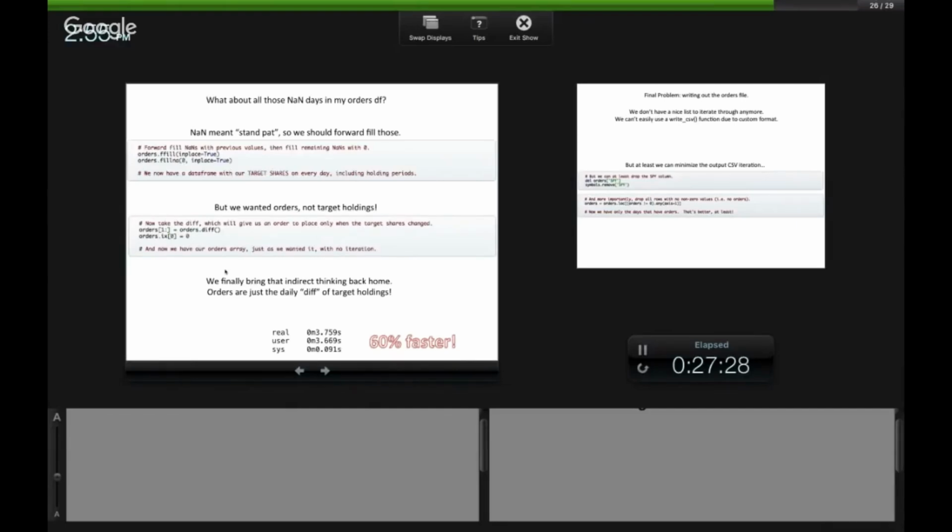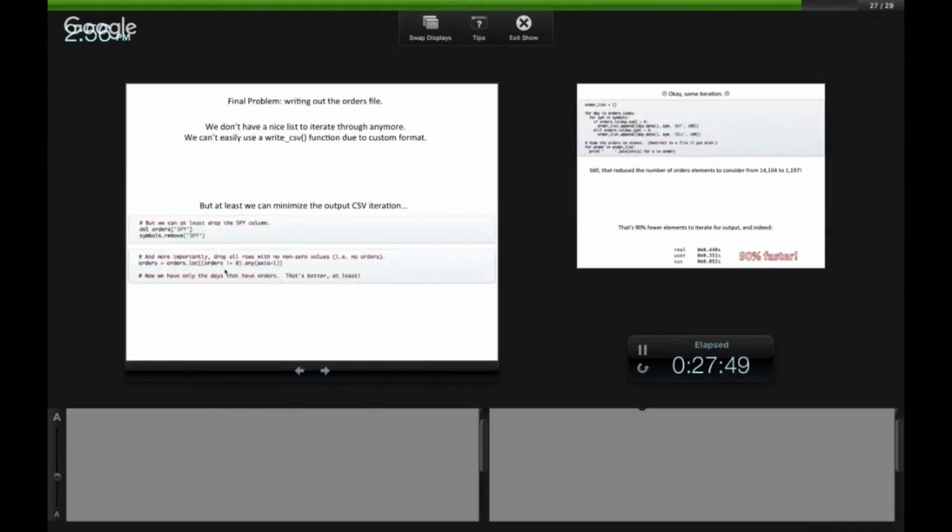And then again, I can do one more diff. Taking your target holdings for every day and running a diff over it exactly gives you an orders array. Because if you have the same holdings as yesterday, that means no change, no order. If you have more holdings than yesterday, you need to buy something. If you have less holdings than yesterday, you need to sell something.